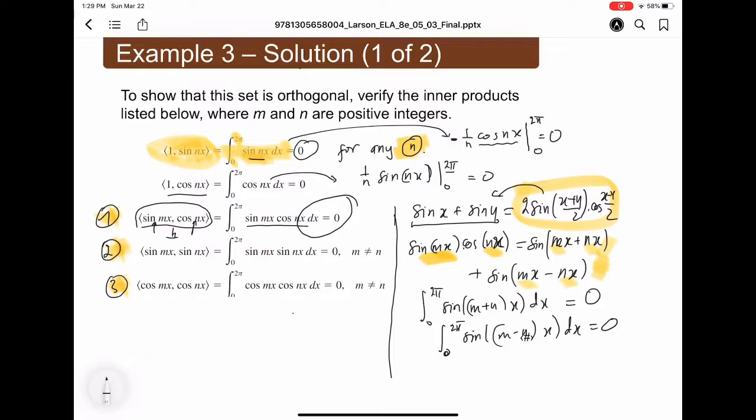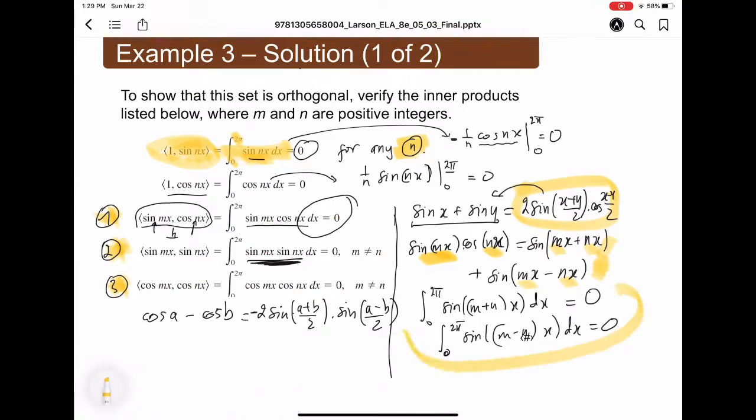For sine and sine, I have the following formula: cosine of A minus cosine of B is equal to negative 2 times sine of (A plus B) over 2 times sine of (A minus B) over 2. You apply this formula for mx and nx, and you break your integral into two integrals. At the end, you get a similar situation, and the second identity is also verified.